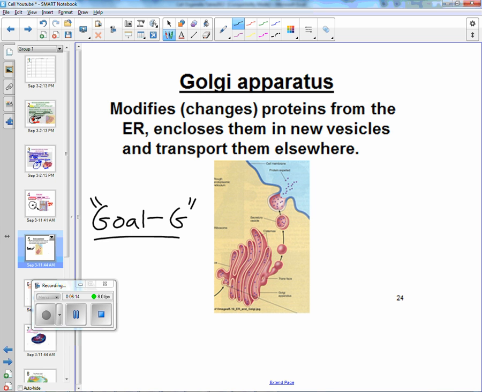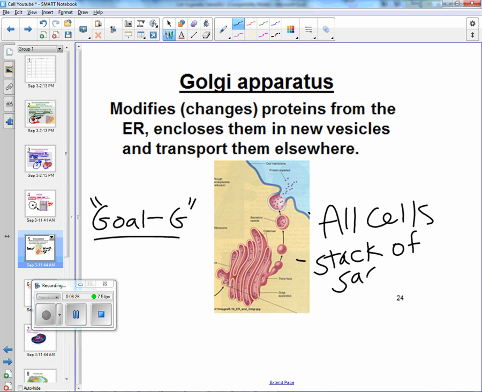Well, it's found in all cells. So all cells. Its structure is, it looks like a stack of pancakes. Stack of stacks. So you can see over here we have the Golgi. And you can see it kind of looks like one stack, another stack.